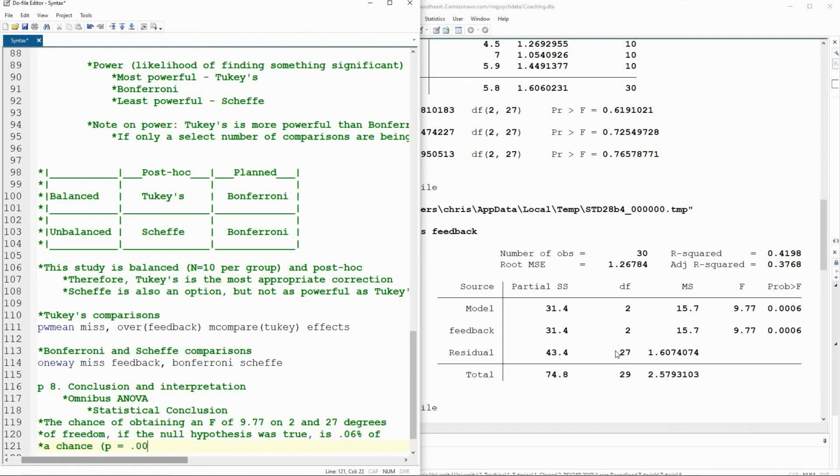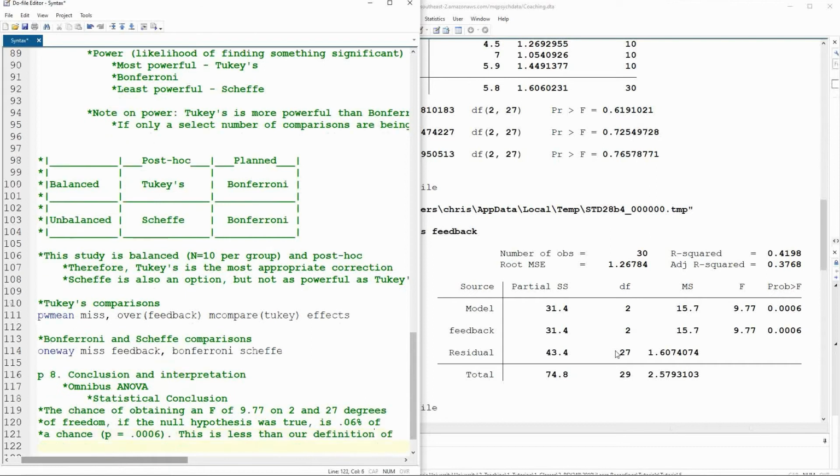P is equal to 0.0006. This is less than our definition of sufficiently unlikely, which is 5%, or P equals 0.05.